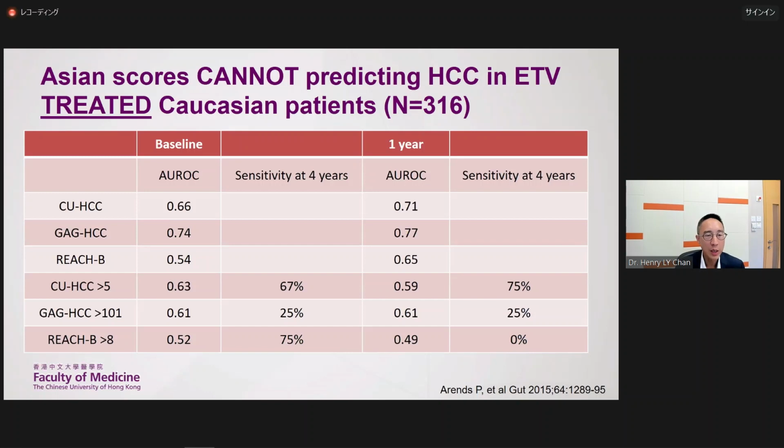So AUROC was only somewhere around 0.55 to 0.75, and even if the scores were tested at 1 year after treatment, the performance was very similar. So initially, they thought that these Asian scores may not apply to Caucasian patients.